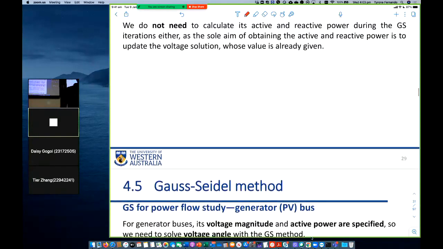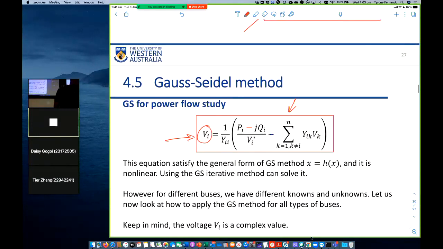Now let's look at this equation a little bit more. What is on the right hand side? You have Pi, Qi, jQi. We are trying to solve for the voltage at bus i. Suppose that this bus is a load bus.